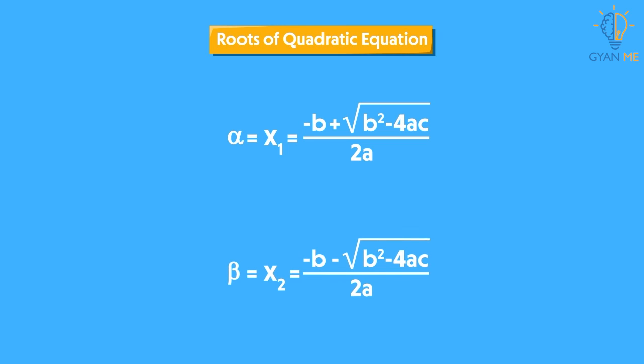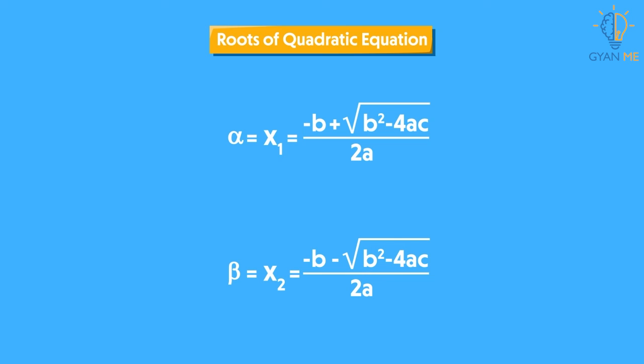Now students, when we substitute the suitable values in this given formula for any quadratic equation and solve this, we will get two values of x. And these values are solutions or roots of quadratic equation.